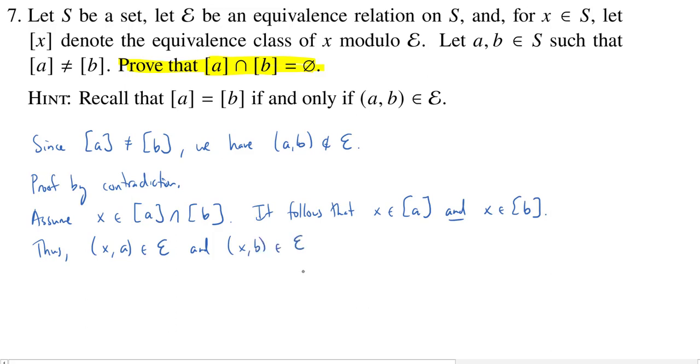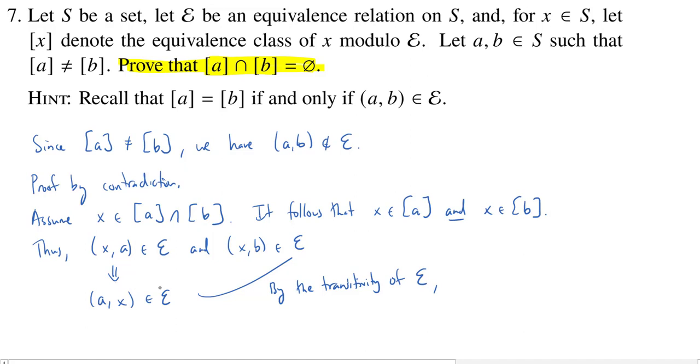All right, but of course, E is an equivalence relation, and so this also tells us that (A, X) is an element of E. And so I now have that (A, X) is in E and (X, B) is in E. By the transitivity of E, remember, that's an equivalence relation, so it's transitive, what do we conclude?